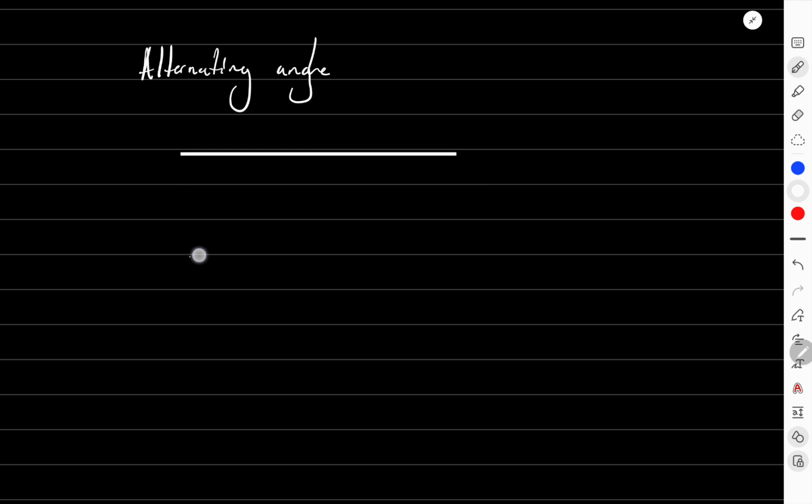Now, we are going to introduce alternating angles. Alternating angles are angles that are found within the, let me just draw my structure again. I have a line like this one. Right.